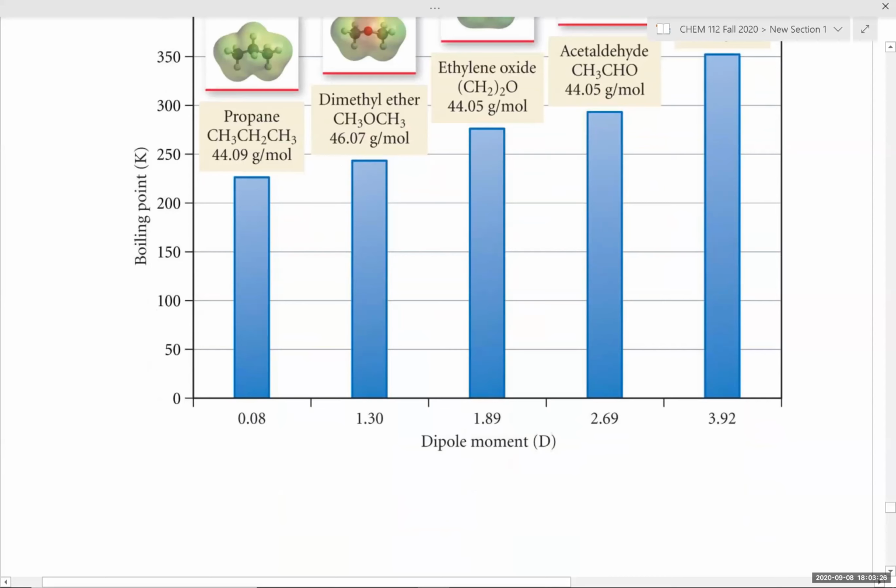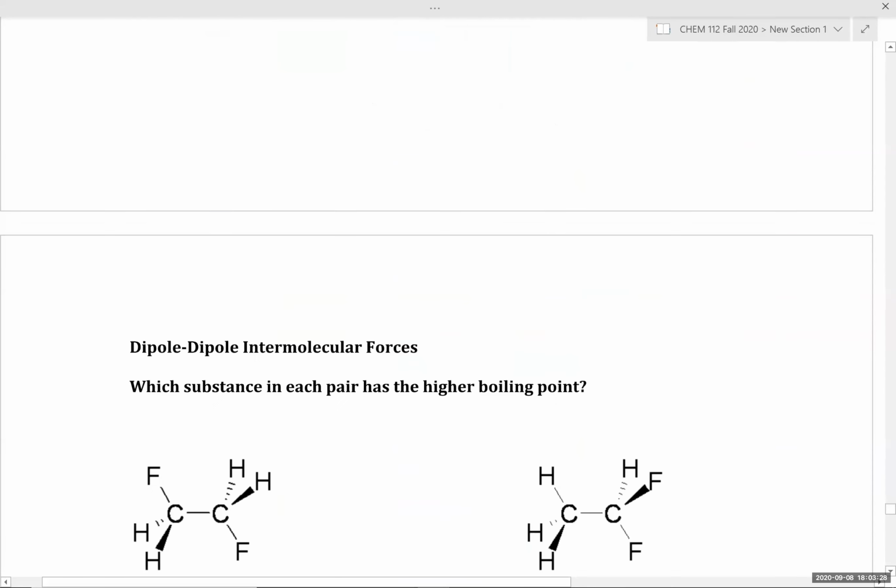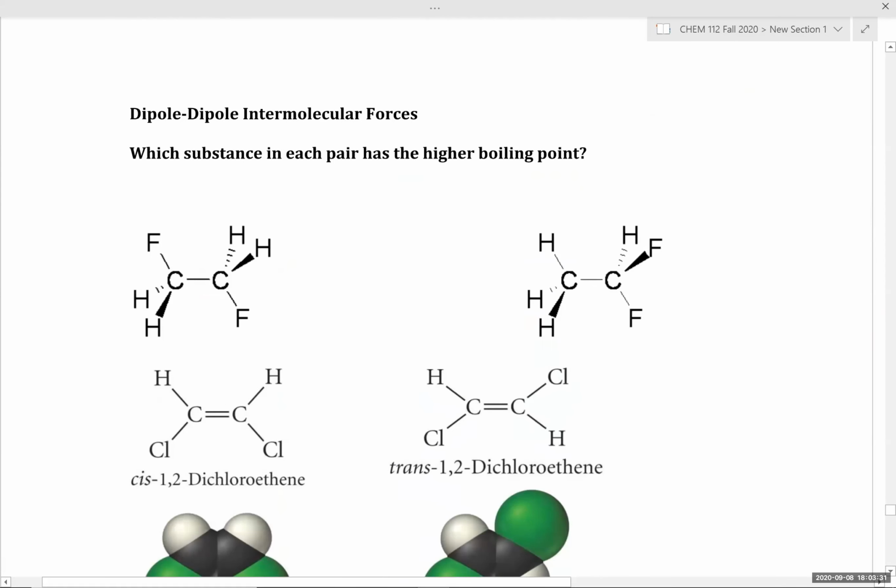Okay, so let's keep going now. Let's look at some examples and entertain the following possibilities. Remember, dipole-dipole forces fundamentally depend on your molecular dipole.